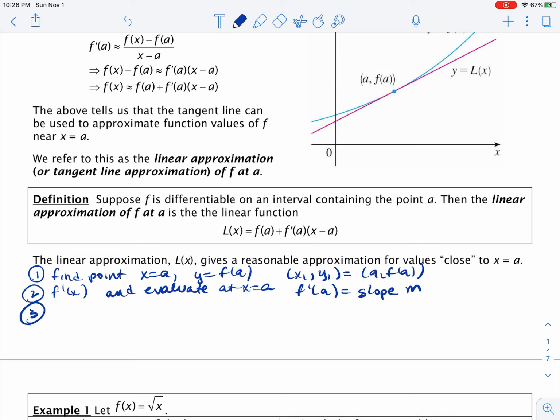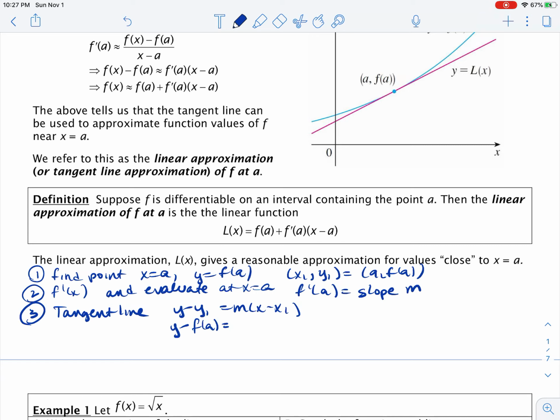But your f prime of a is going to be your slope m, and then your equation of your tangent line is going to be y minus y1 equal to m times x minus x1.